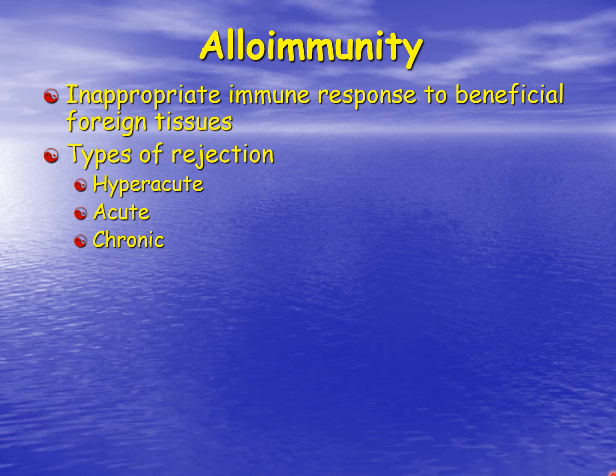So when we talk about transplantation, we're looking at examples based upon the major histocompatibility complex compatibility between recipient and donor. We want to try to match the tissues as closely together as possible between the recipient and the donor.